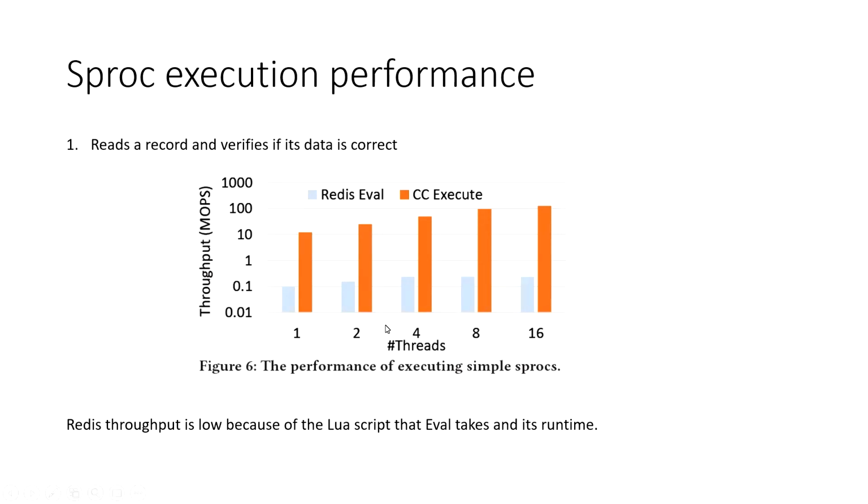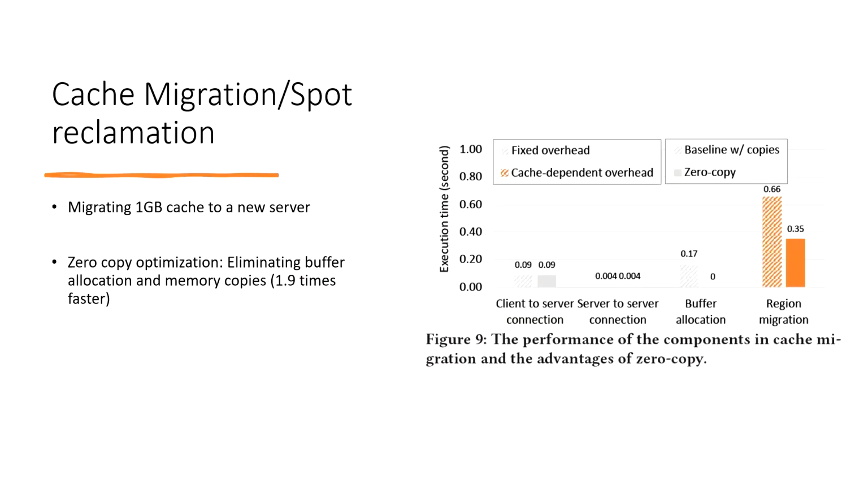The paper claims the reason Redis is not that effective here is the Lua script, whose runtime is not concurrent. So that affected the throughput of Redis a lot.